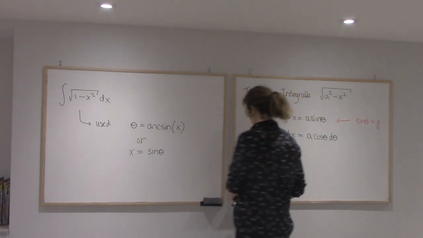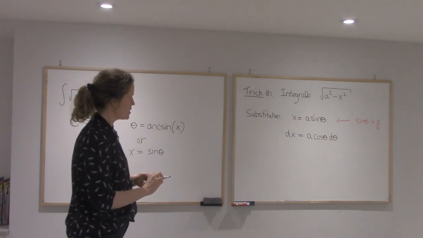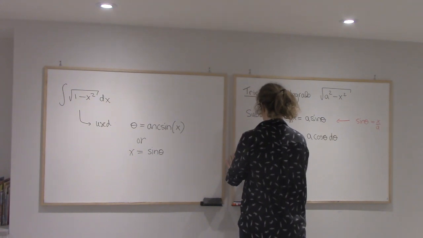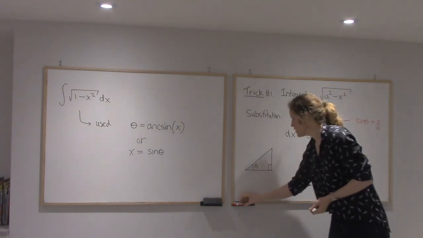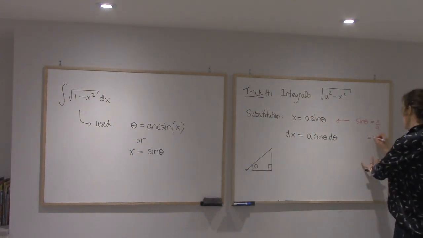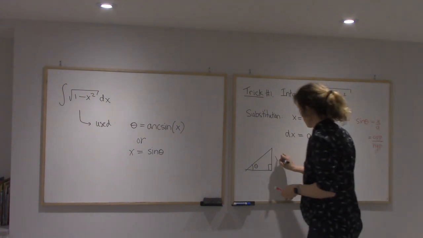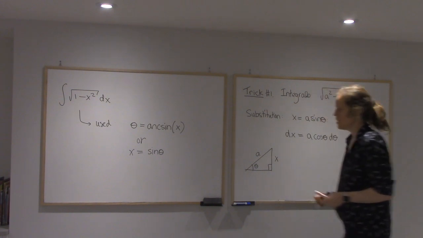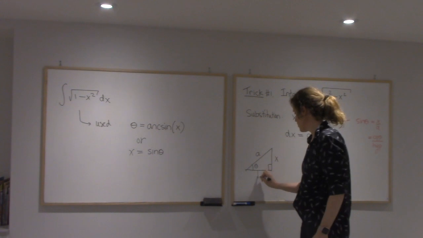So if I want to draw my triangle, like we did when we were simplifying inverse trig functions, sine theta is opposite over hypotenuse. So opposite, I'm going to take it to be x. Hypotenuse, I'm going to take it to be a. And the third side is not clear from this, so let's call it b for now.